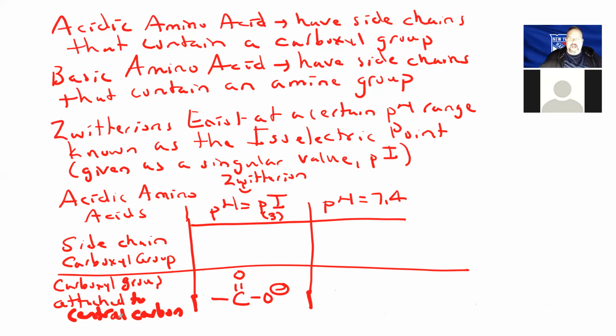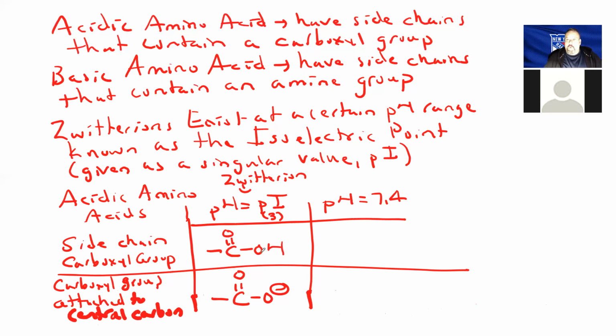But what about the side chain carboxyl group? Now again, independent of the type of amino acid, if you're in the Zwitter ion form, the side chain is going to have to be neutral. So the side chain carboxyl group here is going to have the form of C double bond O connected to OH.